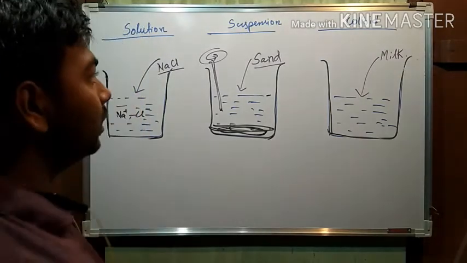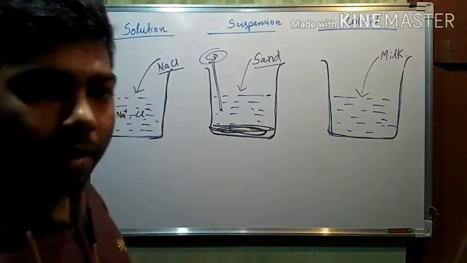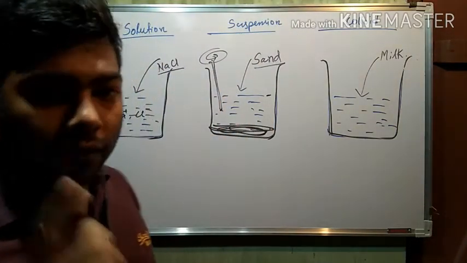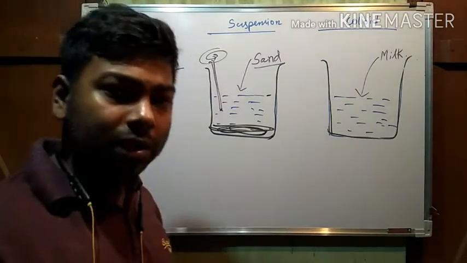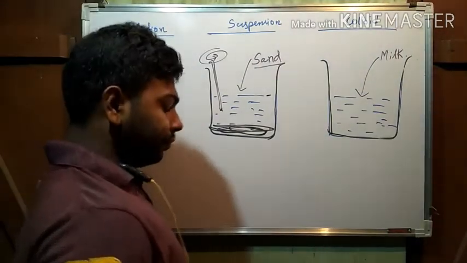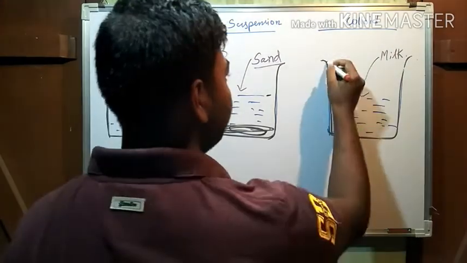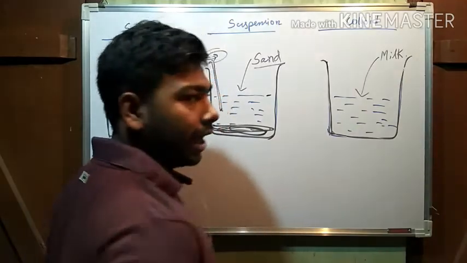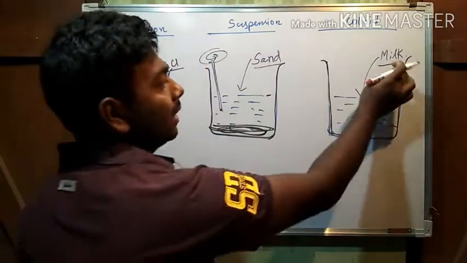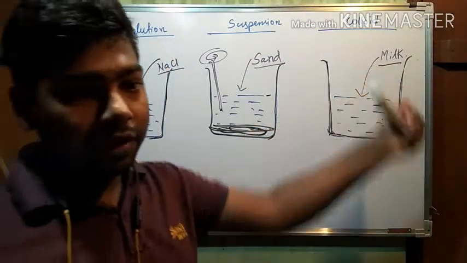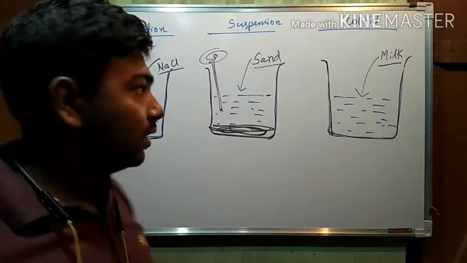Okay, next is the very important topic, the colloid. We'll discuss more about colloids stepwise. Now, first of all, see, a colloid is a homogeneous mixture. Suppose in a beaker we have taken lots of water and we are adding milk. Here, for the colloid concept, milk is known as the dispersed phase.